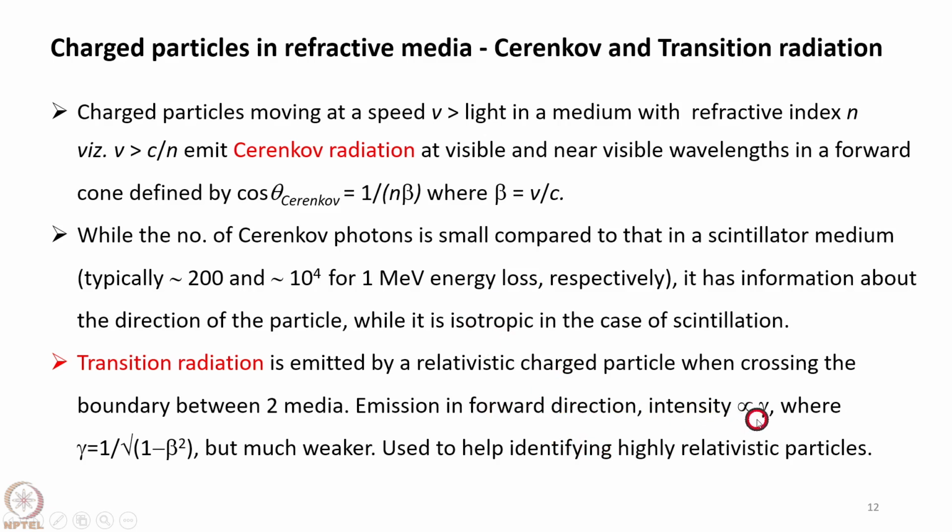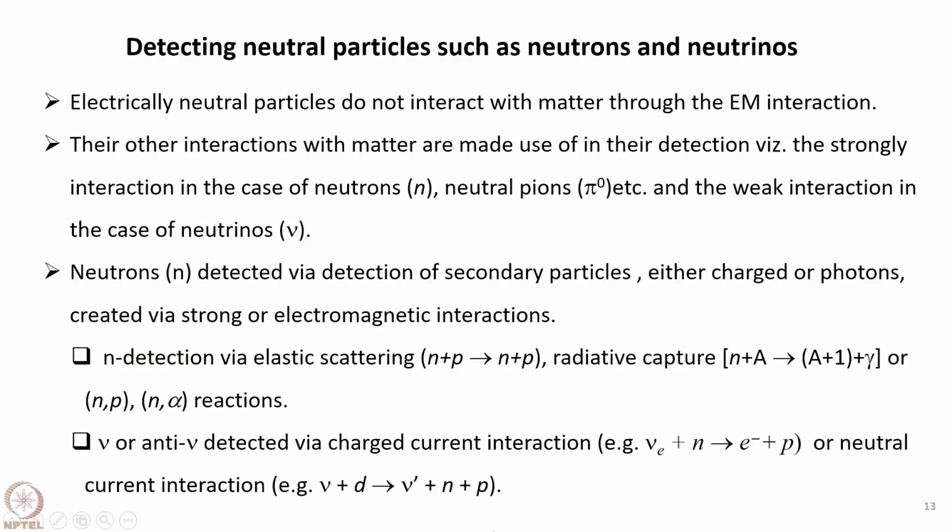Intensity is proportional to gamma, which is basically the total energy divided by the rest mass. So this is useful for highly relativistic particles. Gamma is defined here in terms of 1 minus beta squared, and beta I have already defined. But of course, this is much weaker than even the Cherenkov radiation. This is useful in very high energy physics detectors where you want to identify highly relativistic particles.